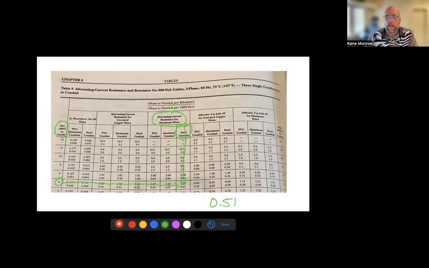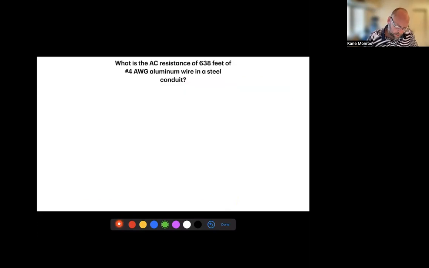0.51. Now we take that 0.51, and that is not our answer to the question. That is an answer to the portion of the equation that we need to use. So let's transfer that 0.51, and that's at 1,000 feet.